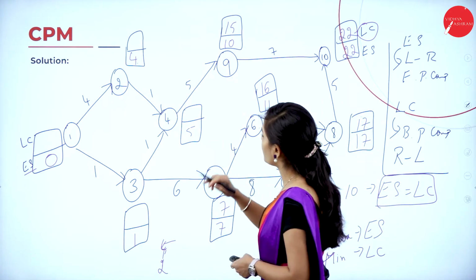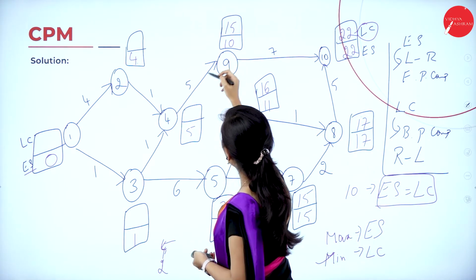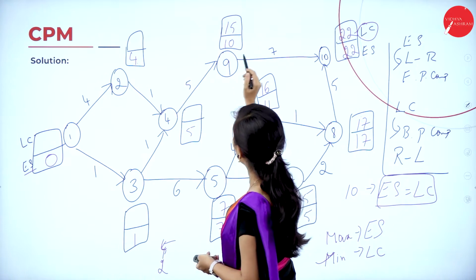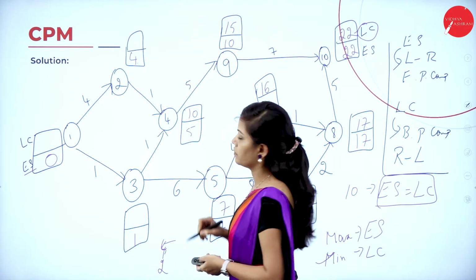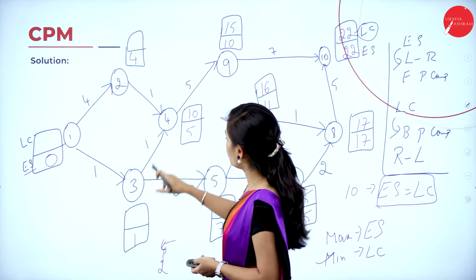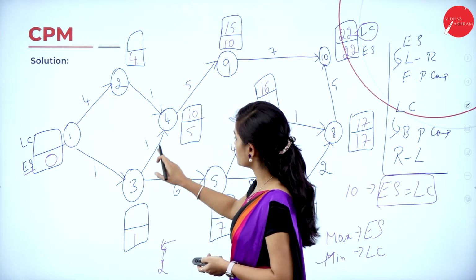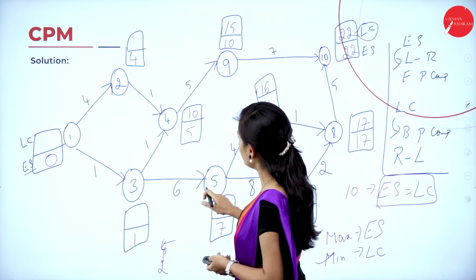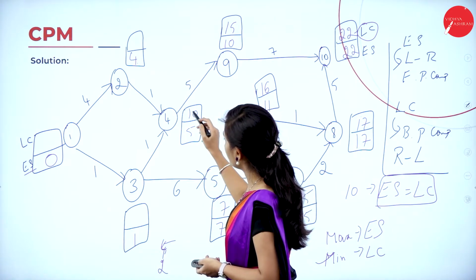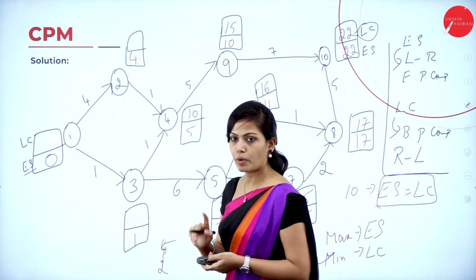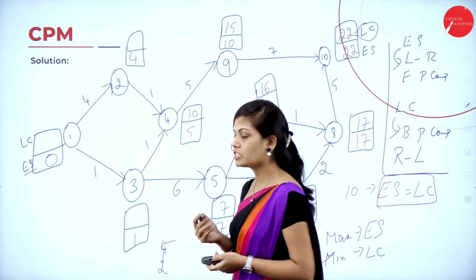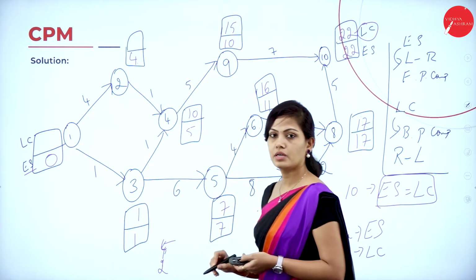And for node 4, you have one possibility, that is 9 to 4. That is 15 minus 5 is 10. And for node 3, you have two possibilities, that is 3 to 4 and 3 to 5. So first I'll take 10 minus 1 is 9 and 7 minus 6 is 1. Between 1 and 9, the least value is 1. Clear?